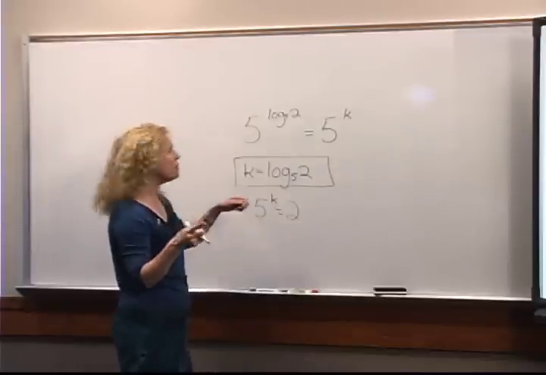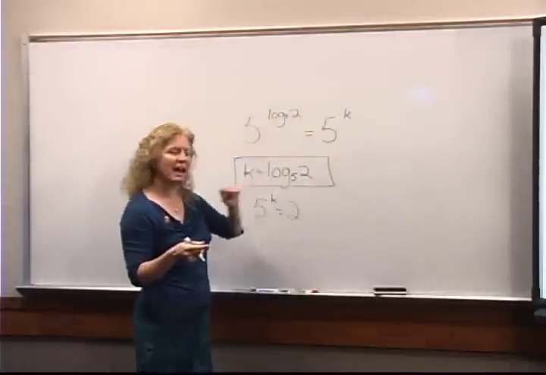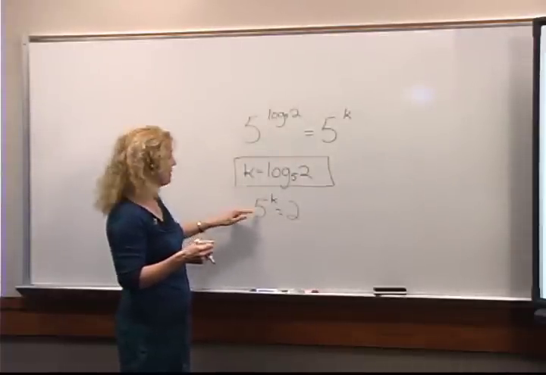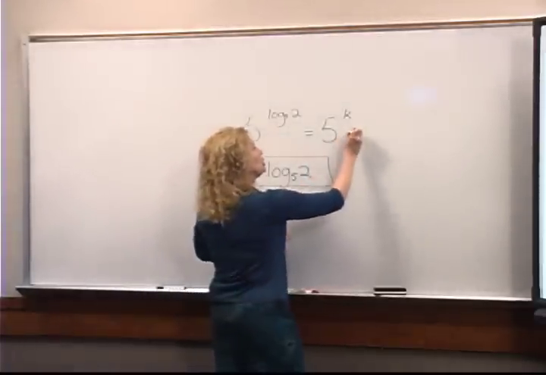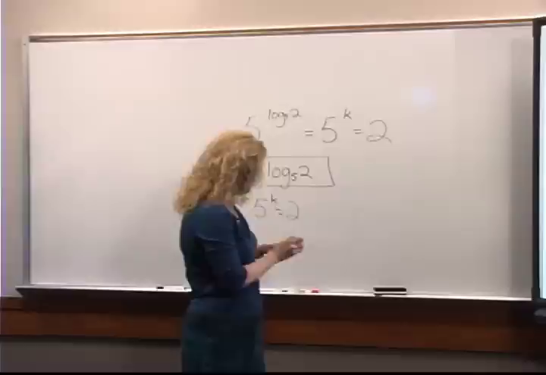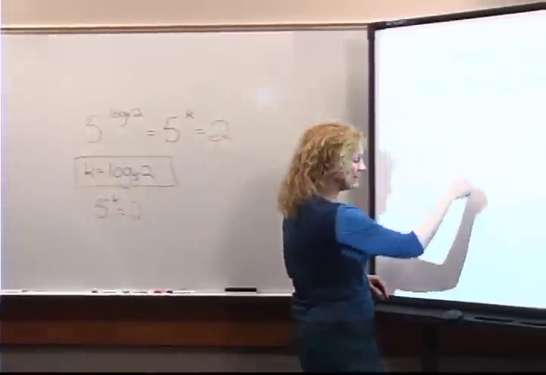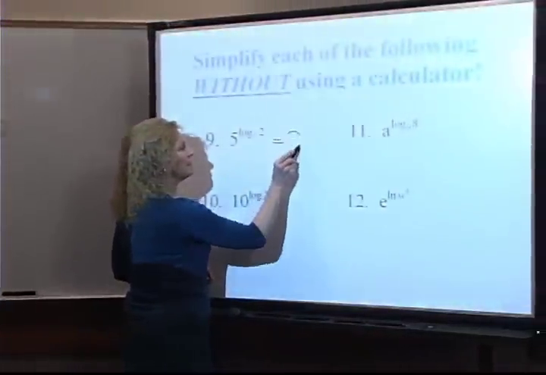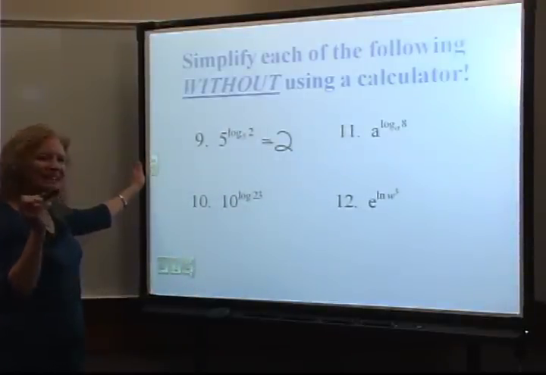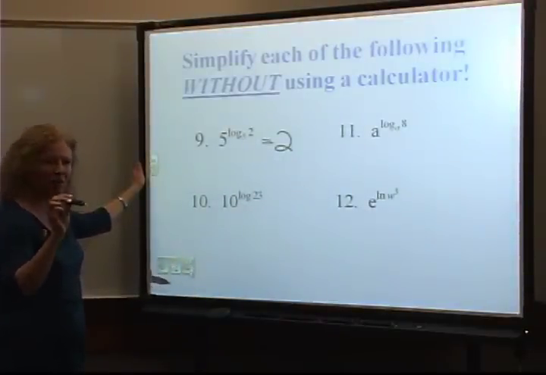Well, now what was I looking for? I'm looking for 5 to the k. Well, I found it. 5 to the k is 2. So this particular statement is equal to 2. Wow. Again, sometimes they're so easy, they're hard.